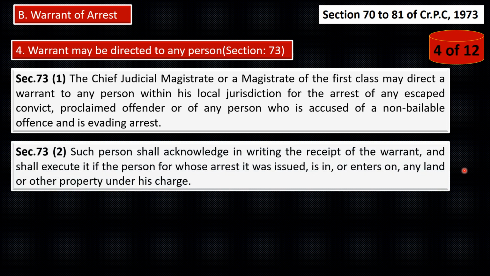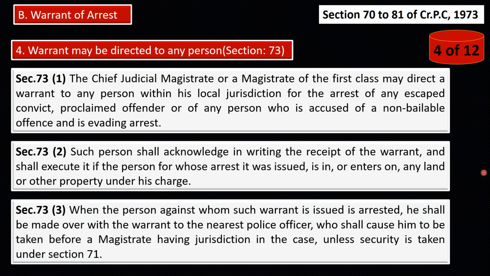Subsection 2 of section 73 says this thing, such person shall acknowledge in writing a receipt of the warrant and shall execute it if the person for whose arrest it was issued is in or enters on any land or other property under his charge.